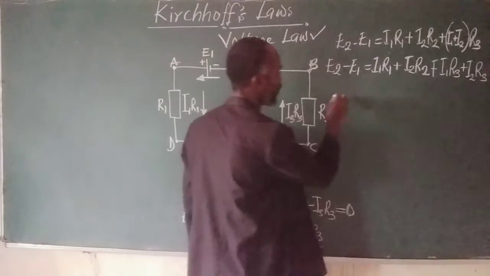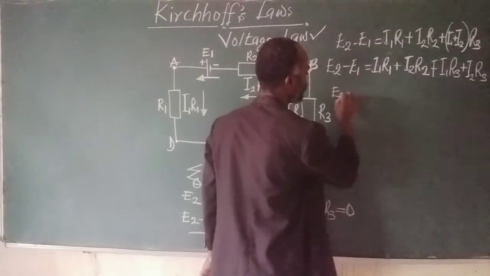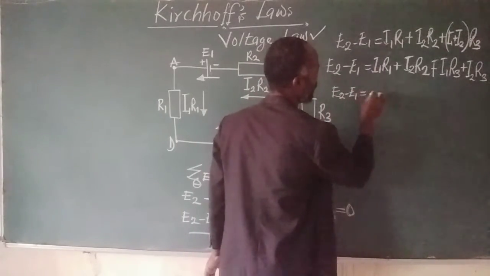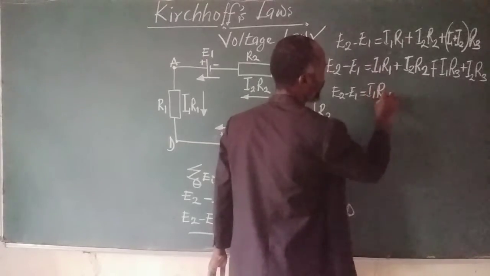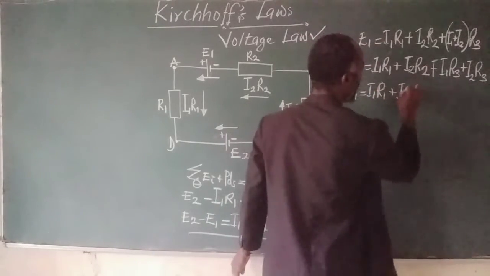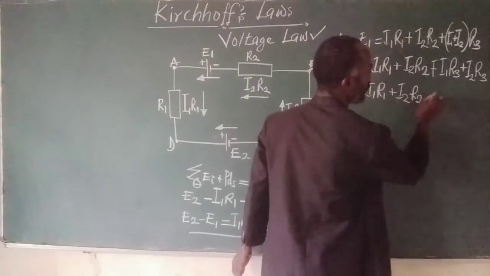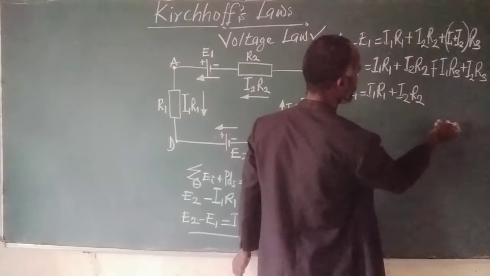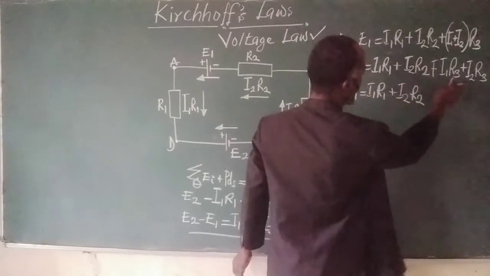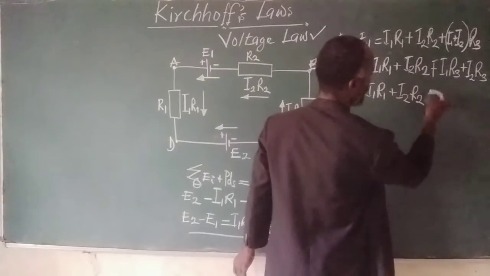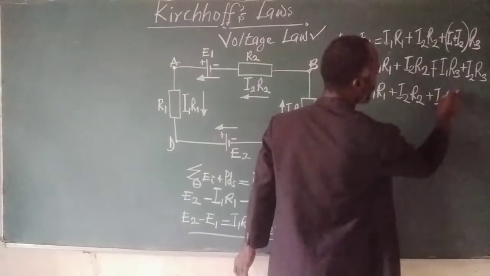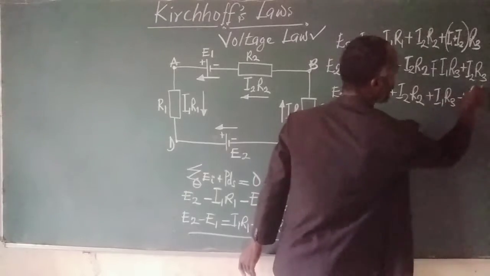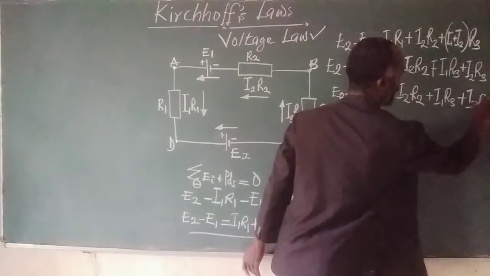We continue here with E2 minus E1. We have I1 R1 plus I2 R2 plus I1 R3 plus I2 R3. We are collecting like terms now. I1 can come with this, and we have I1 R3 plus I2 R3.